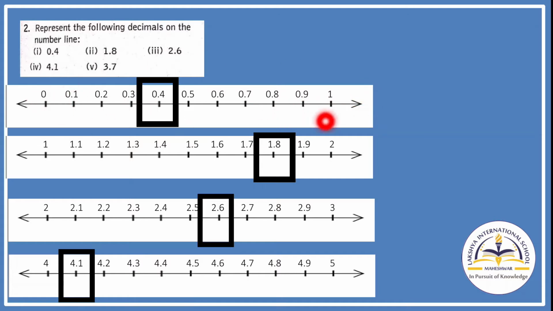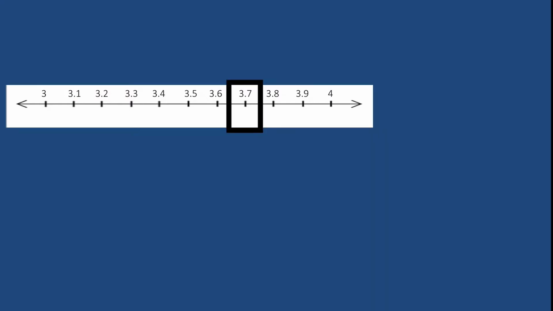So these are the numbers, and between them we have to represent 0.4. So here you can see, here it is 0.4, so you have to represent that on the number line. Now as here, between 1 and 2 there will be 1.8, and 2.6 means between 2 and 3, 4.1 means 4 to 5, and 3.7 means 3 to 4. Between 3 to 4 we will represent them.